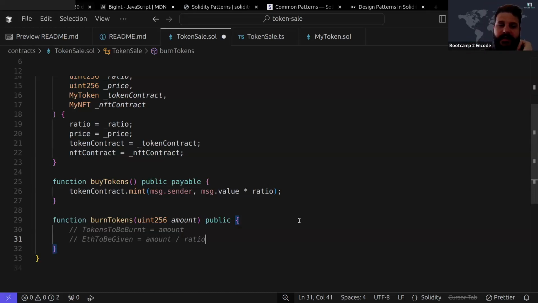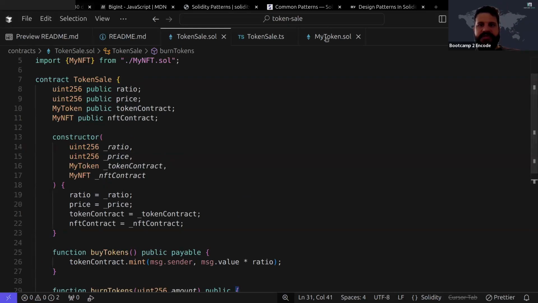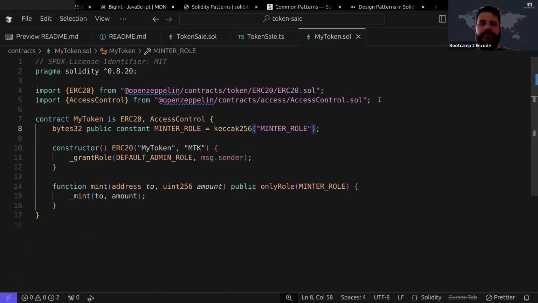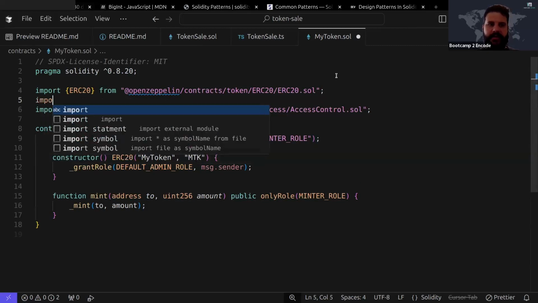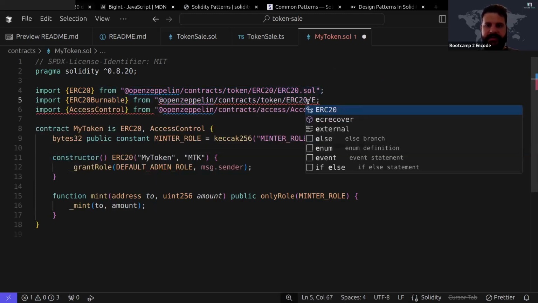Okay. Let me implement that real quickly because it's going to need one structural change. In my token, I would need to import from the extensions of the ERC20 this feature of the ERC20 burnable. Yes, it's possible. Instead of importing it from here, there is this folder called extensions.